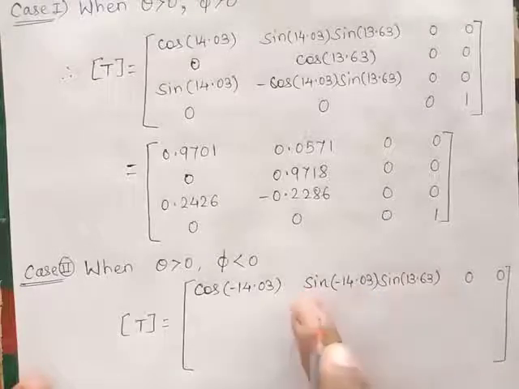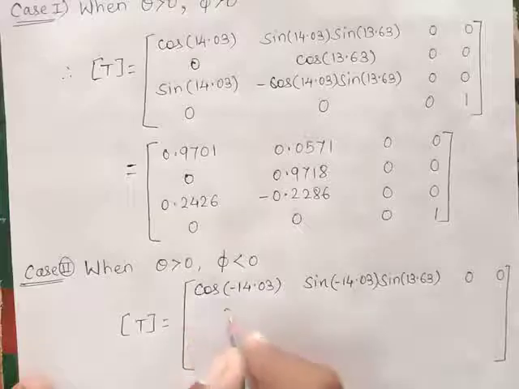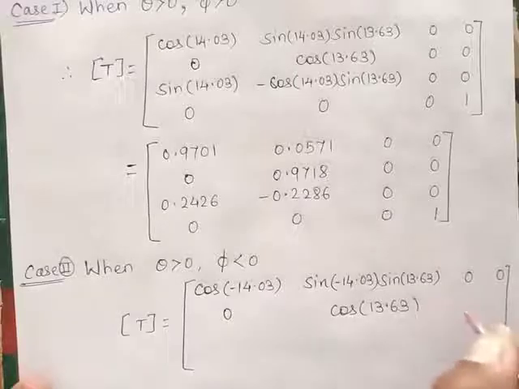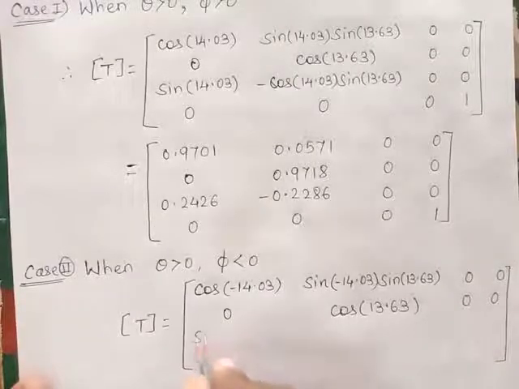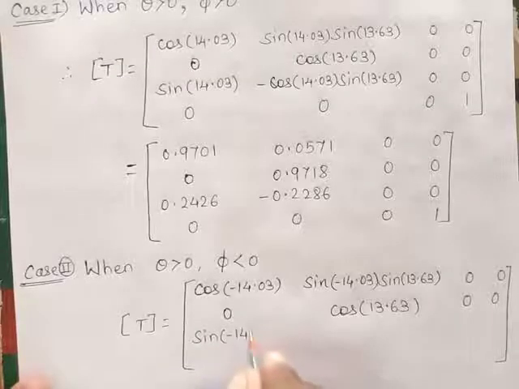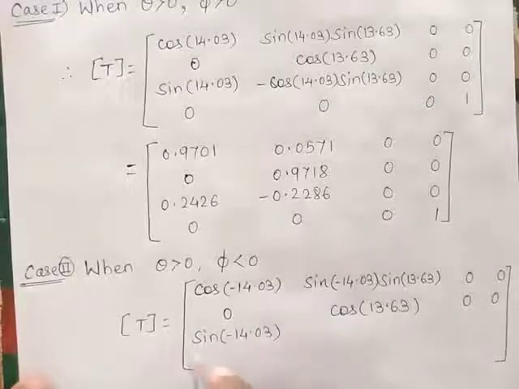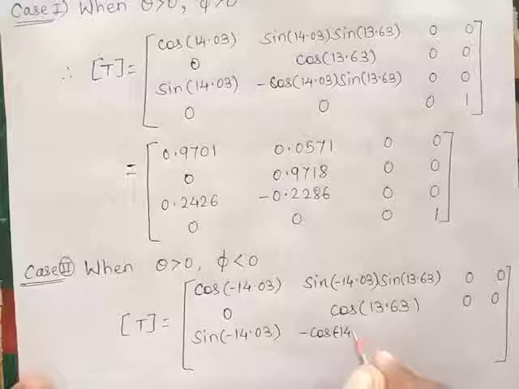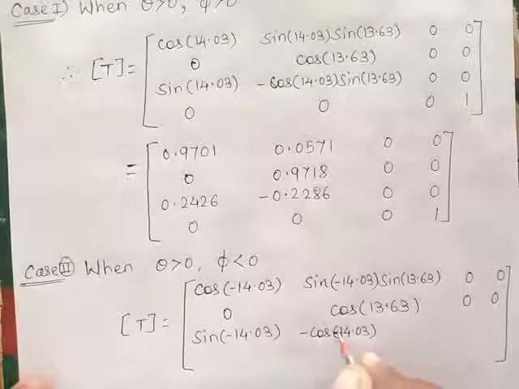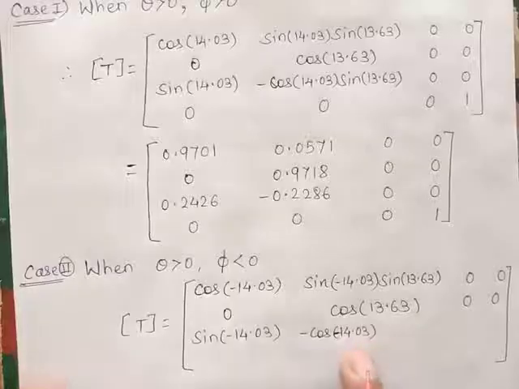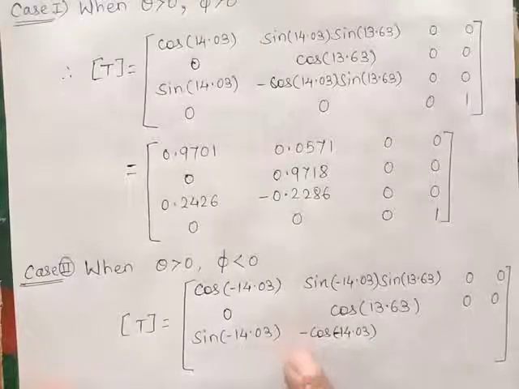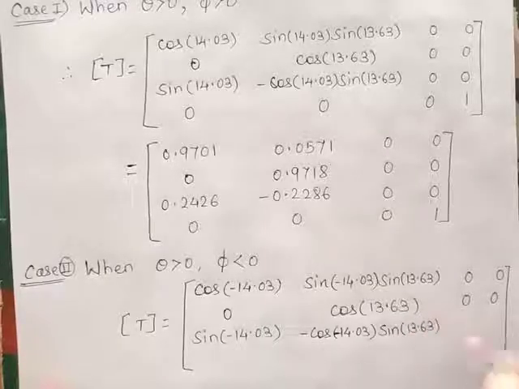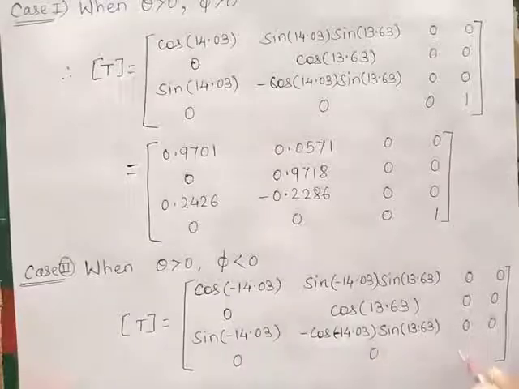This is positive, so it has a negative sign. 0, cos of 13.63, 0, 0. Here sin of minus 14.03. Again sin of minus theta is minus sin theta. Here minus cos of minus 14.03. So minus of cos of minus theta is cos theta. So here also this minus sign remains as it is. Sin of 13.63, 0, 0, 0, 0, 0, 1.